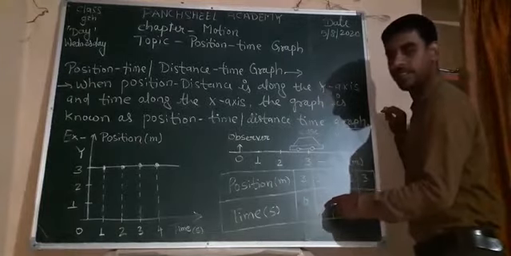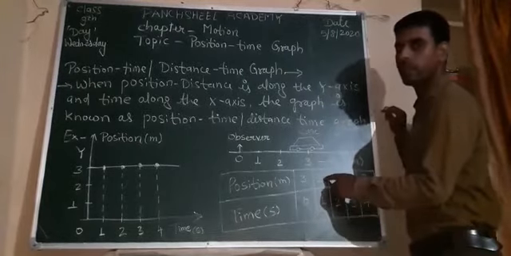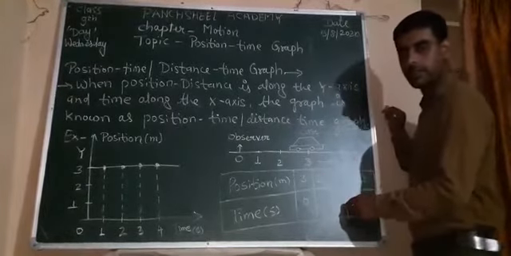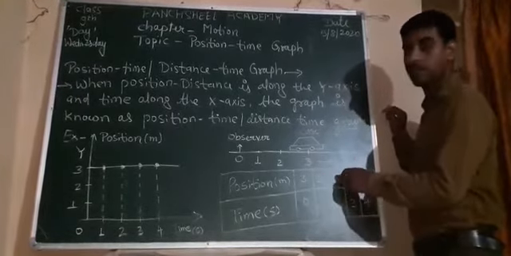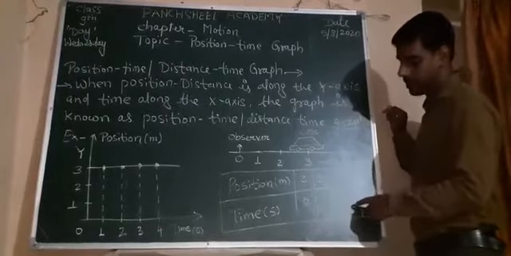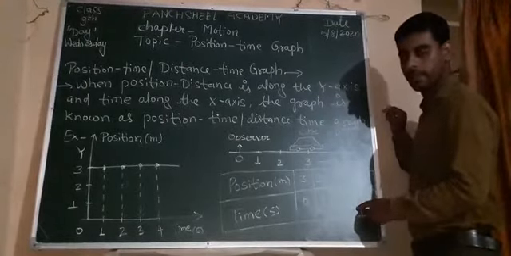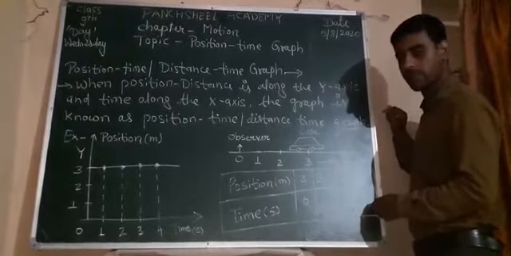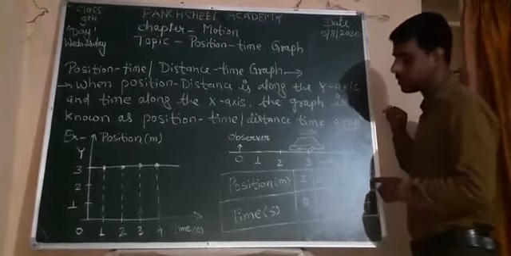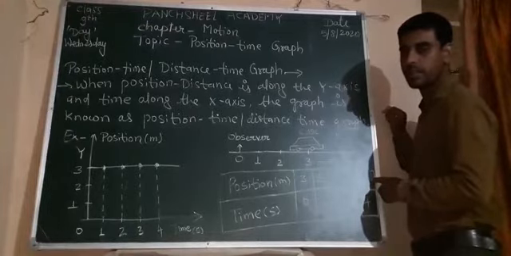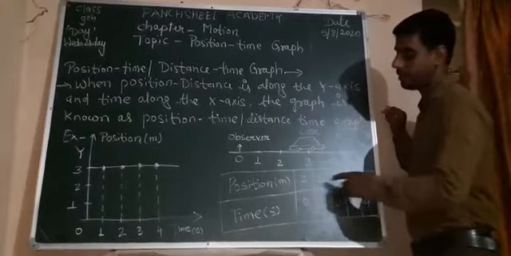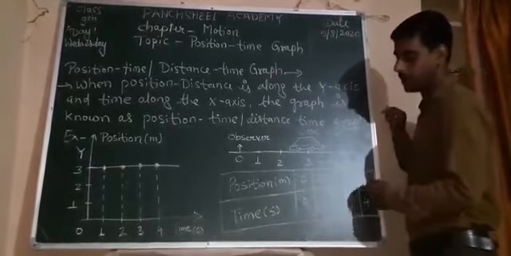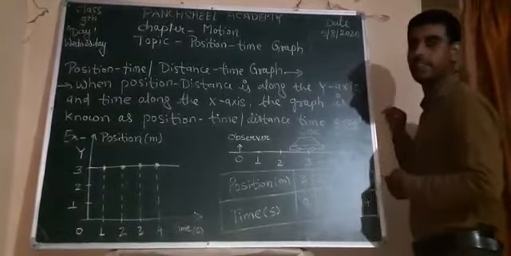If time is increased, the position of the car is also 3 meter. Time is further increased but the position of the car is the same. Time is changed again but the position of the car is the same, which means this distance is the same but time is increased.